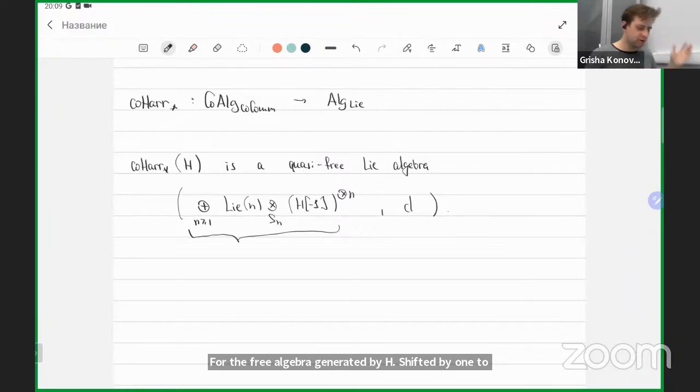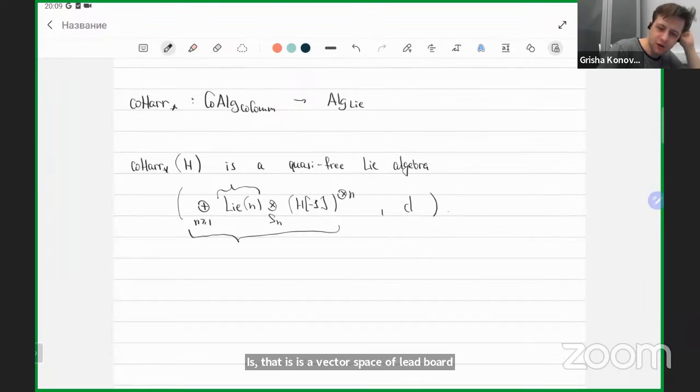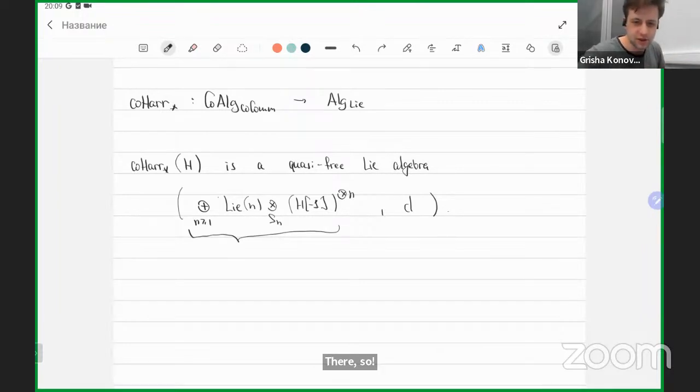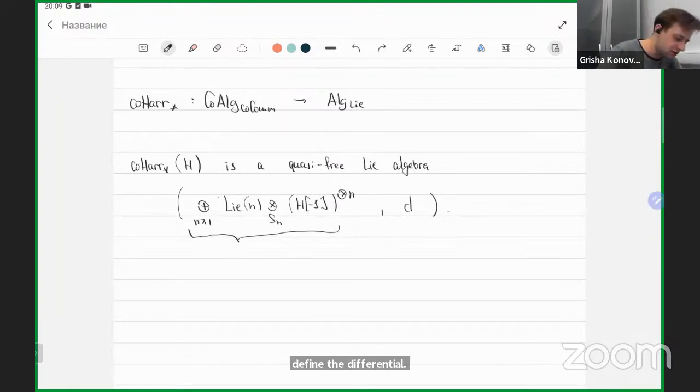And this is a fancy way to write it, where Lie of n is the vector space of Lie words of n arguments, and the symmetric group acts there. But it's not very important right now, I guess. So let's define the differential. Again, it suffices to define d on the generators.